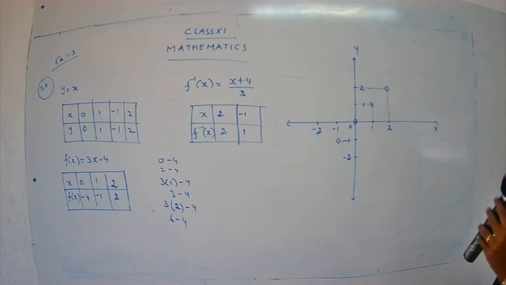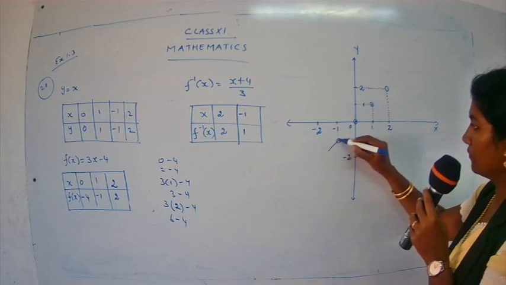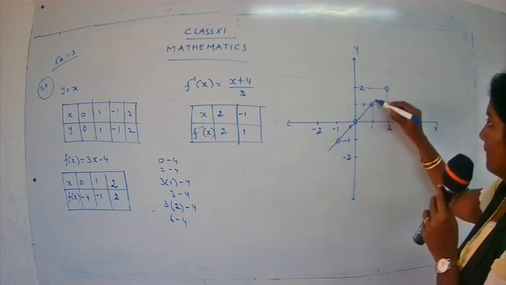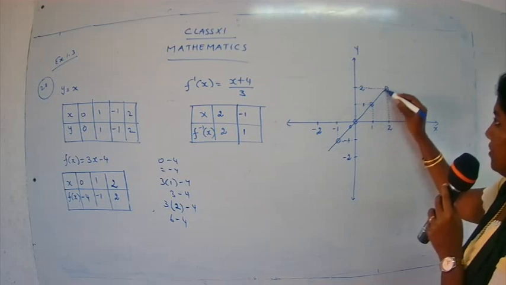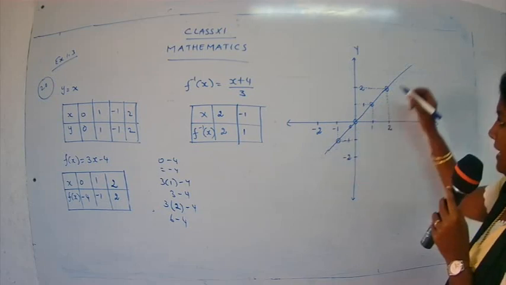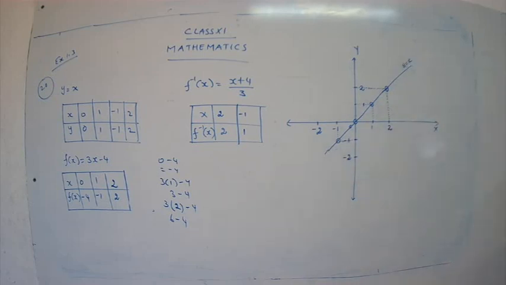You will get a straight line passing through all the points. Write down here y is equal to x. So we have plotted the graph of the first function, y is equal to x.